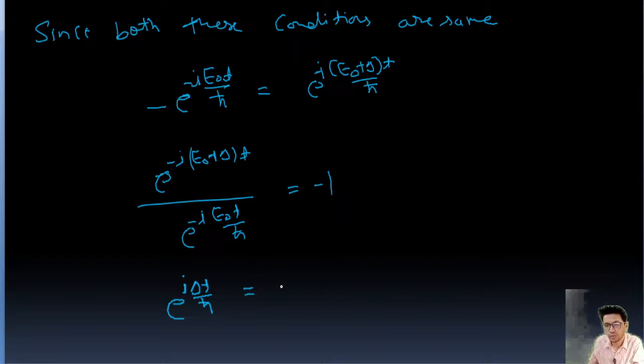that is going to be equal to e to the power i pi, because e to the power i pi value is minus 1, right? So from here we can write delta T upon H cut equal to pi.